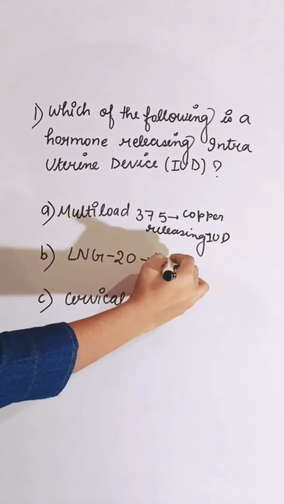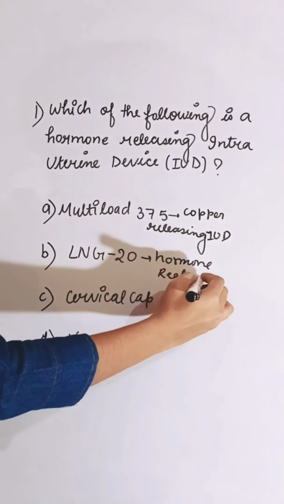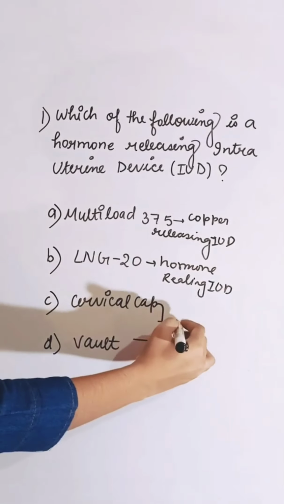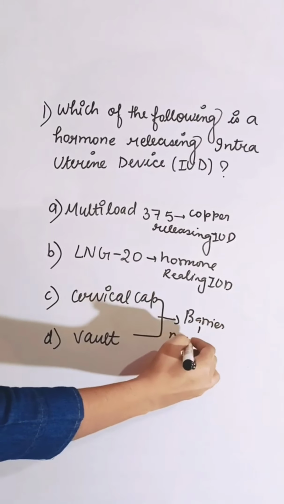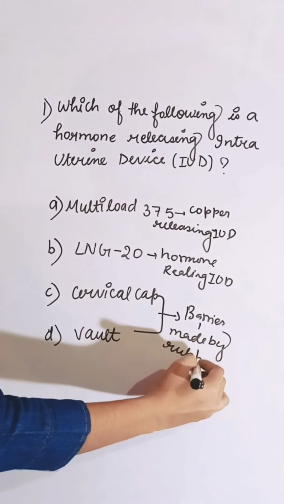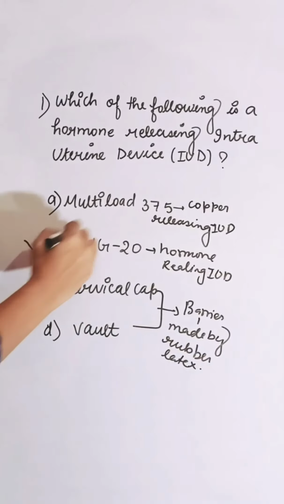LNG20 is a hormone releasing IUD. Cervical cap and wall is a type of barrier made by rubber latex. So the correct answer is B.